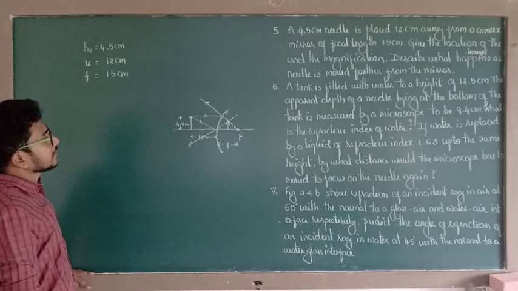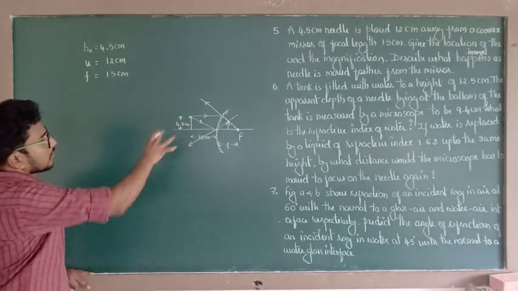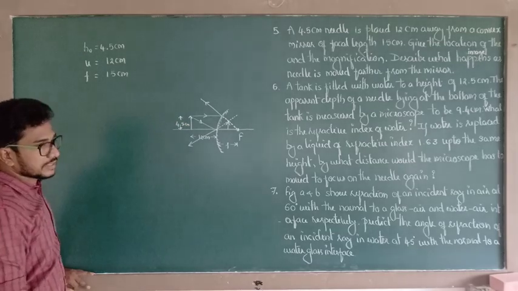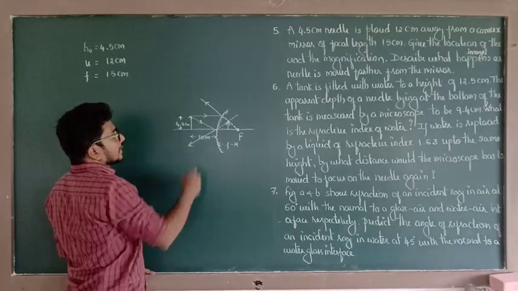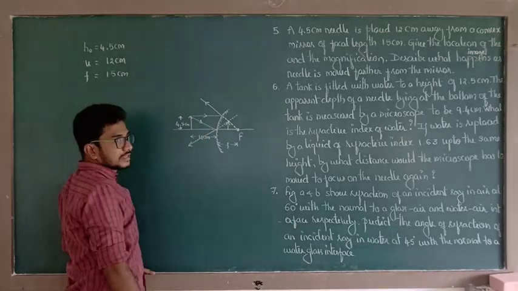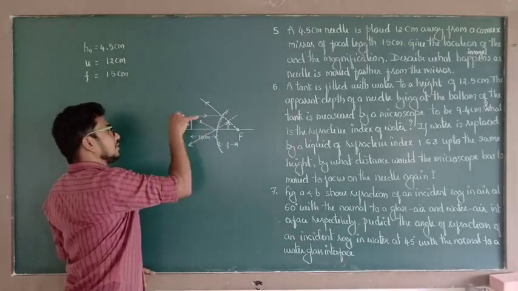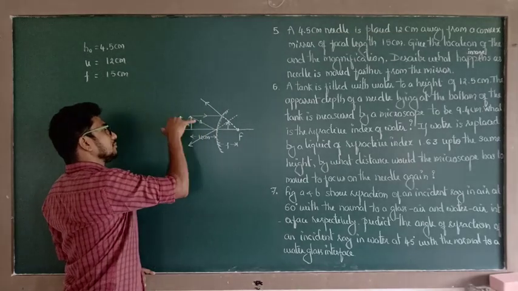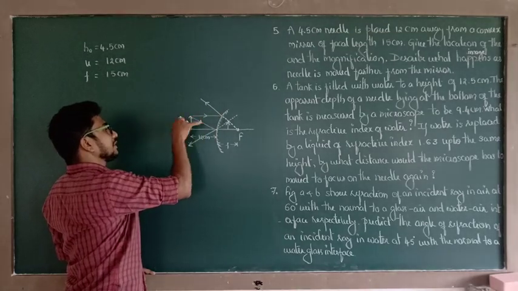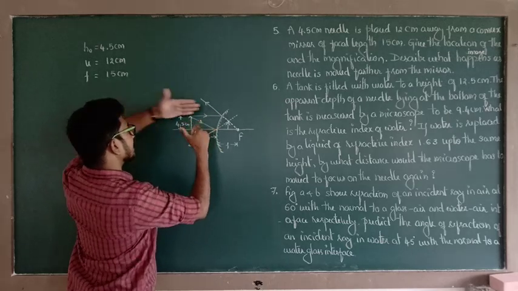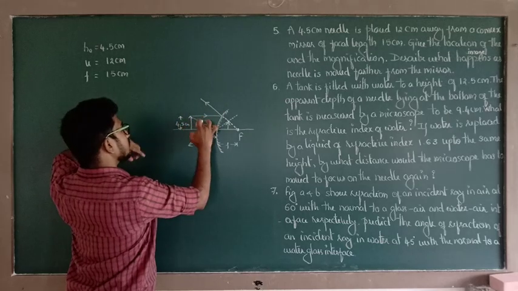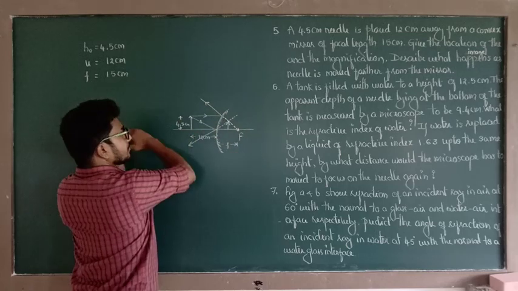According to the Cartesian sign convention, all distances measured from the pole along the principal axis in the direction opposite to the incident light are taken as negative. Therefore, the object distance is measured opposite to the direction of the incident light beam, which travels left to right.